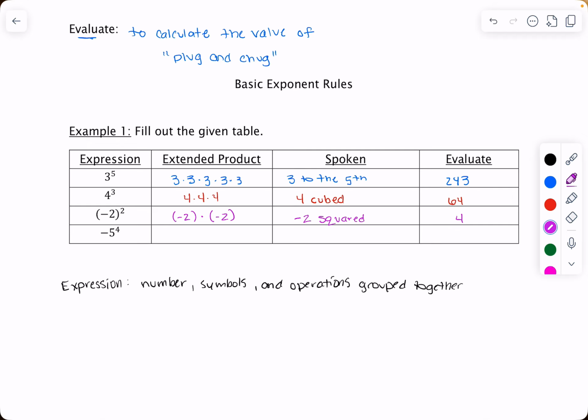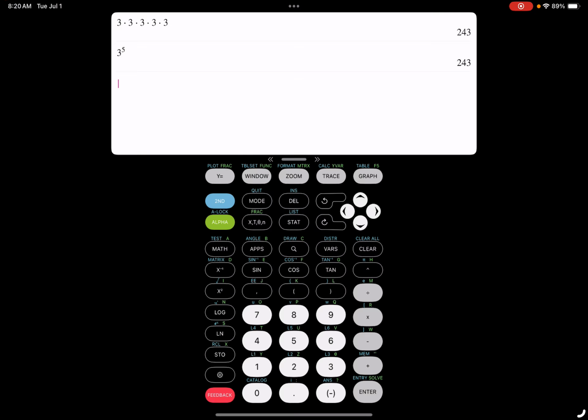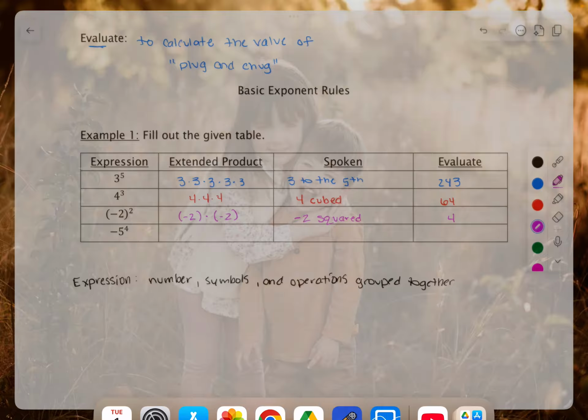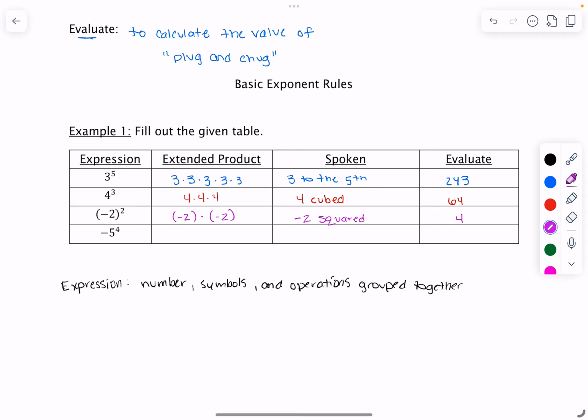Okay, the important part is that when you put this into your calculator, you need to make sure that you put the -2 in parentheses, then put the exponent 2 outside the parentheses to get that +4, as you can see in the calculator. The last problem highlights an issue if you don't use the parentheses.